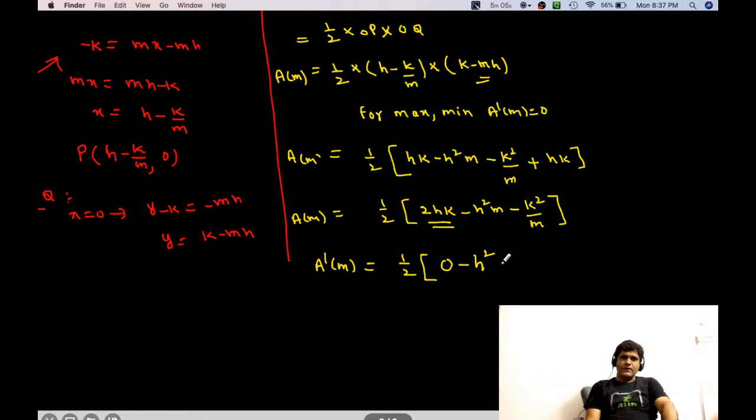We are differentiating with respect to m. Minus k square constant, differentiation of 1 by m is minus 1 by m square. This is equal to 0. Then find the values of m. I am writing directly: from here you will get m in terms of k and h as plus or minus k by h.